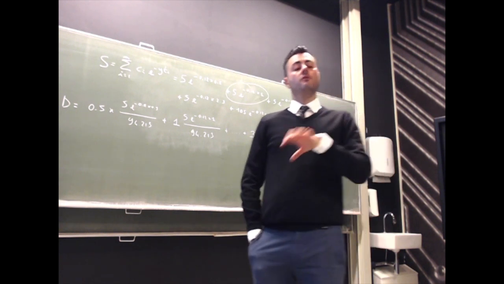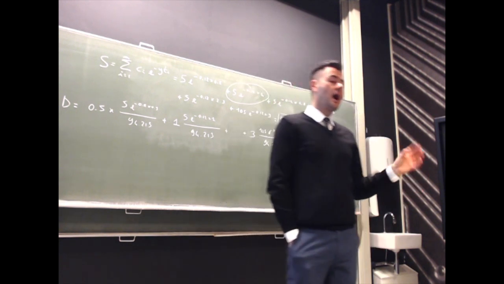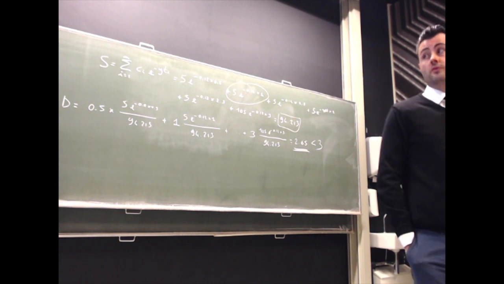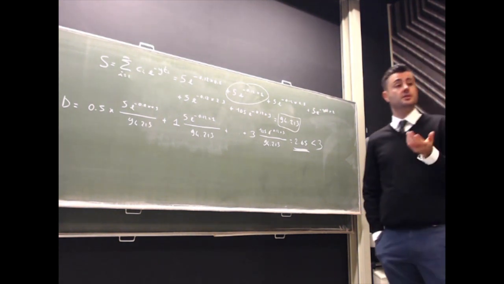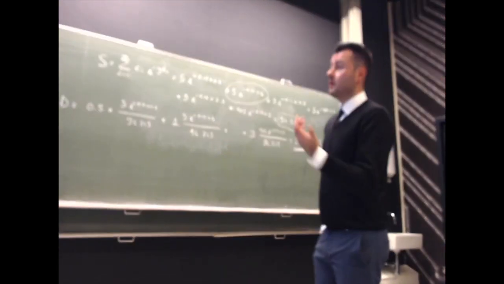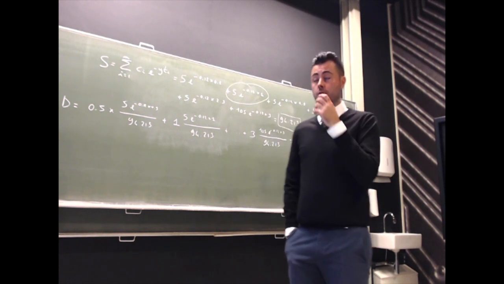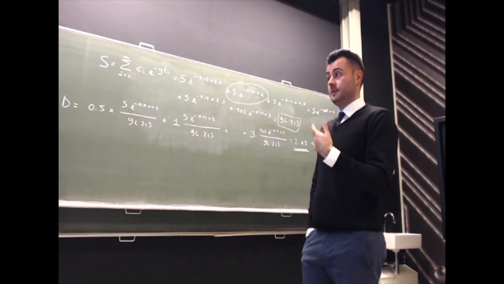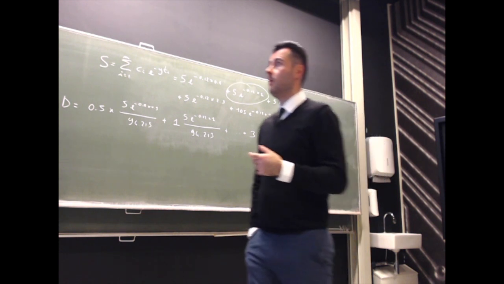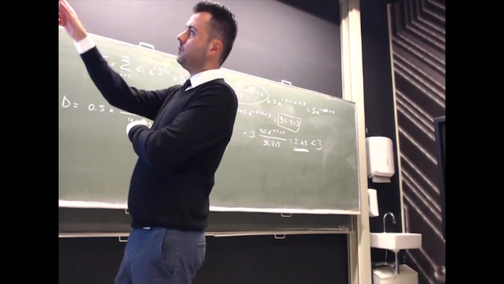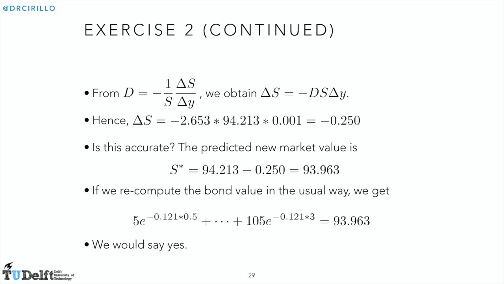Is there a way of quickly computing how the value of the bond changes? You can use duration. Duration is quite nice in this setting. Why? The formula of duration tells me that duration is equal to minus 1 over S, dS dY.